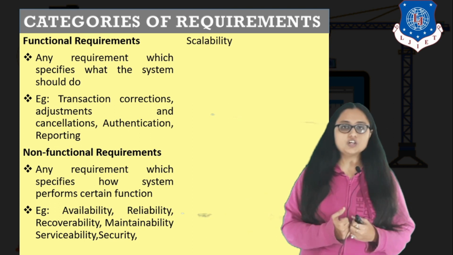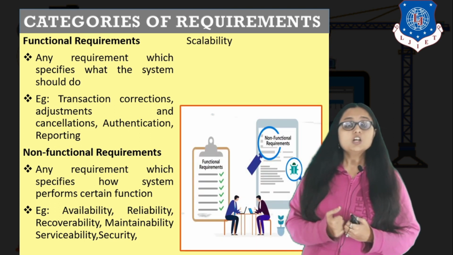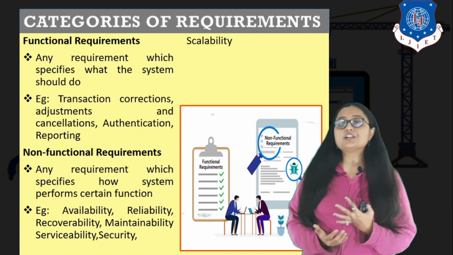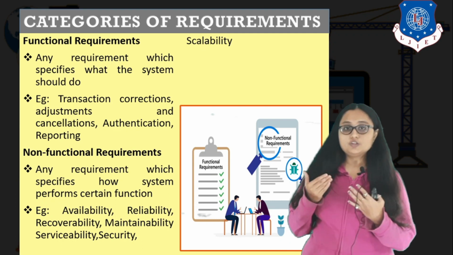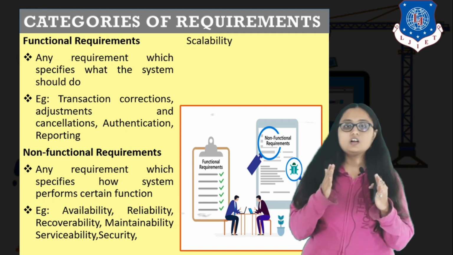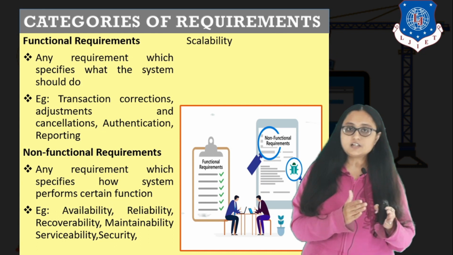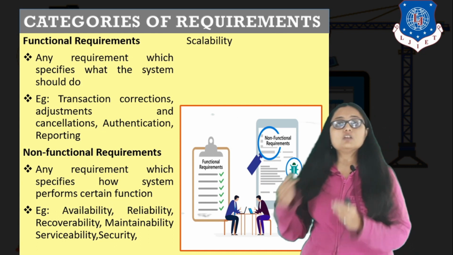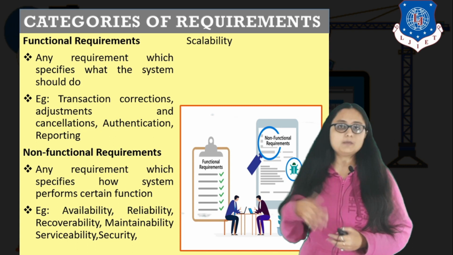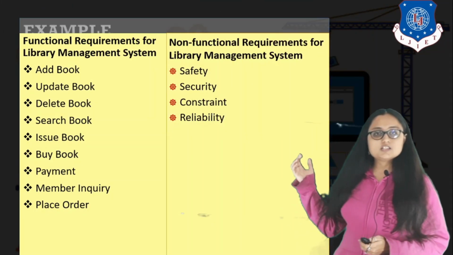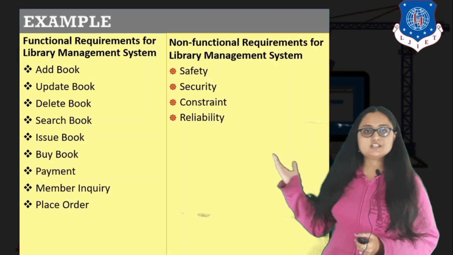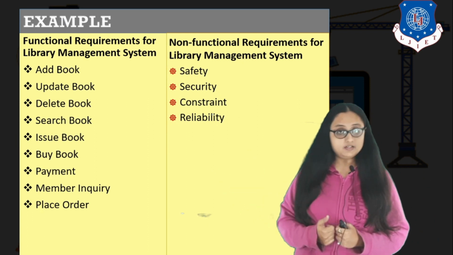That is non-functional requirement. Whenever you are taking the requirements from the customer, you need to be clear what functional requirements and what non-functional requirements are required by the customer. This is an example of functional as well as non-functional requirements for a library management system.